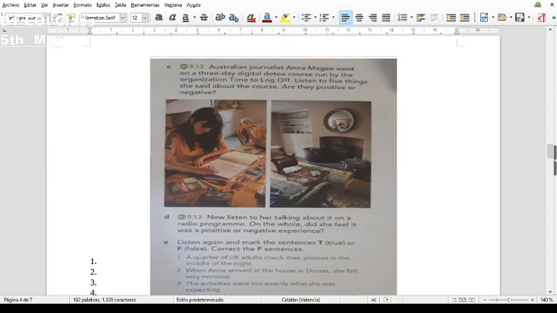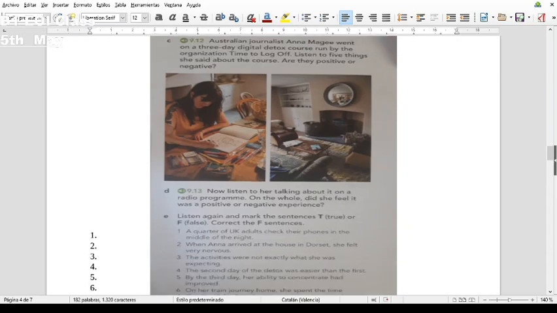Very negative. To feel really disconnected and lonely, solitaria. 5. I really noticed the beauty of the countryside. And I could notice, pude observar la belleza del paisaje, the countryside. Well then, some of them were positive and others were negative.